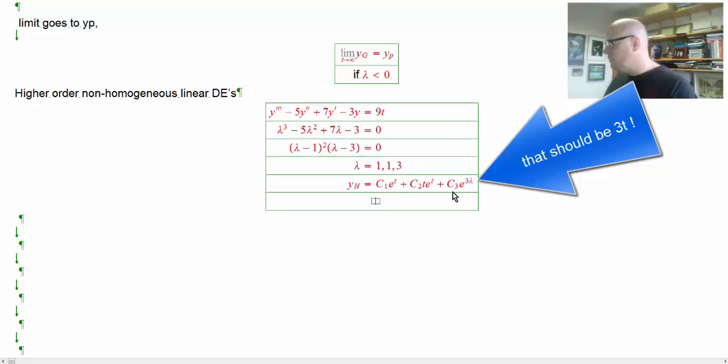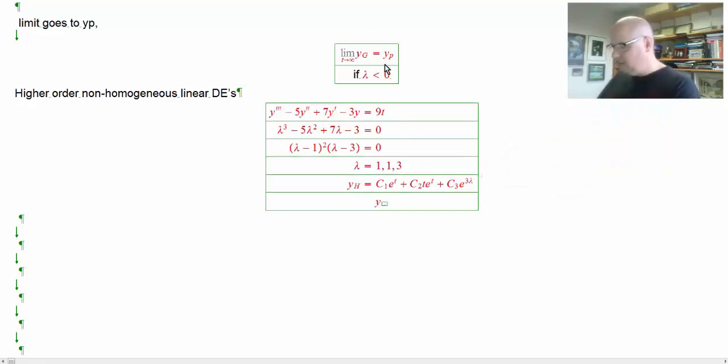Now let's get the particular solution. For my particular solution, I need to use the unknown coefficients method. We're going to learn a second method, variation of parameters, which has its own long video. But variation of parameters, the way we're going to learn it in that long video, only works for second order. So if I have a third order, we have to use unknown coefficients.